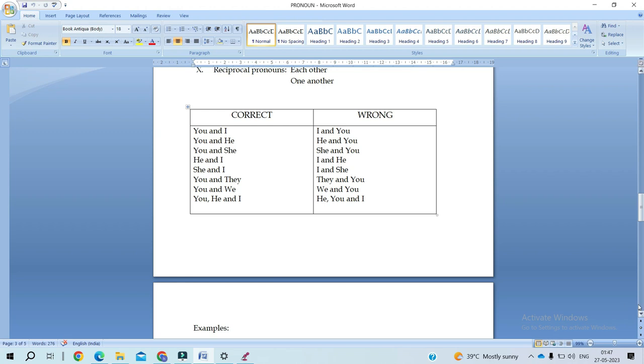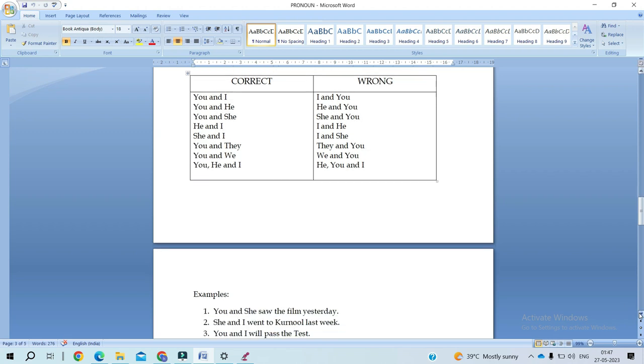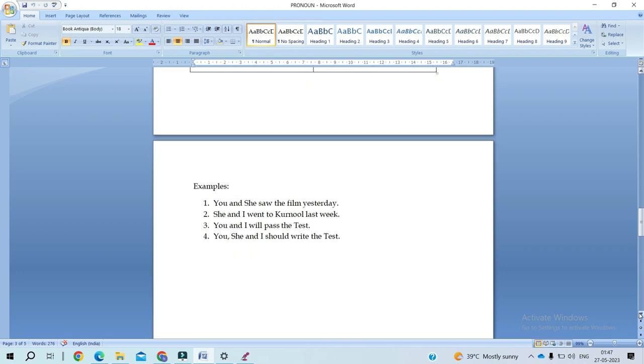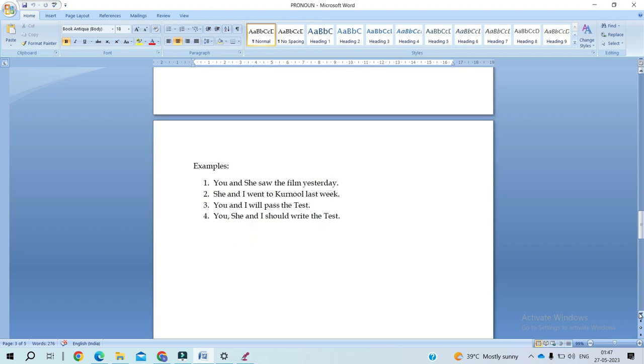So we have to know this before starting actual English. Here are some examples I have given. You and she saw the film yesterday. I didn't use she and you. She and I went to the carnival last week.